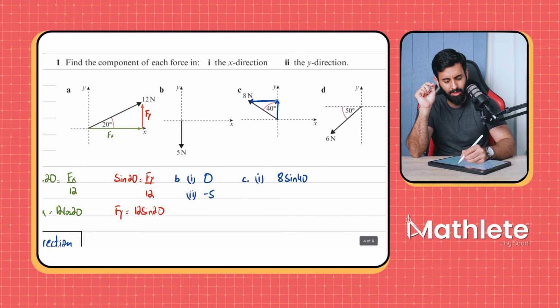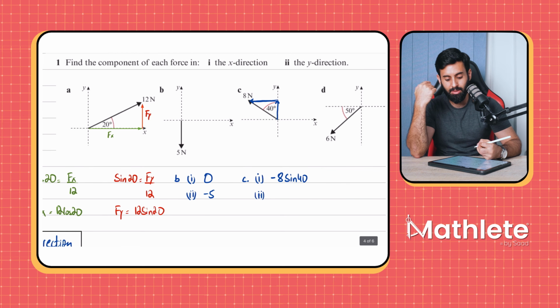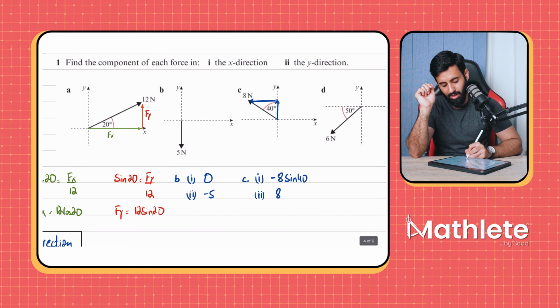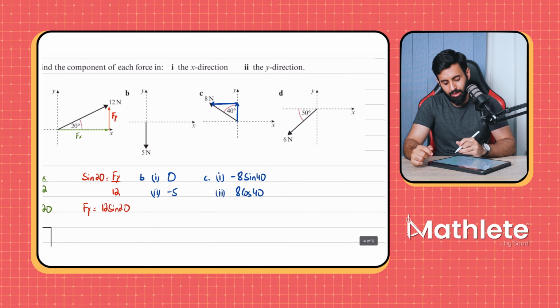It's not wrong, actually, it's incomplete because it's acting leftwards, so it's going to be minus. Now for part 2, because it's adjacent to the angle, although it's vertical, it doesn't have sine in it. In fact, it's going to be 8 cos 40. And there you go, that's the answer. This is how you can use the shortcut.